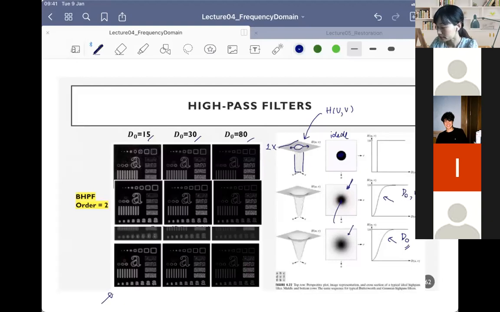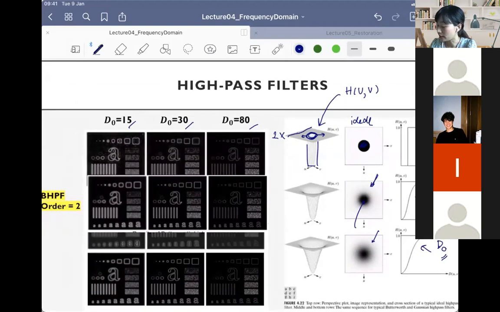Now, because it's a high pass filter, if the cutoff frequency is small, a lot of information passes through the filter. But if your cutoff frequency is large, only a small amount of information will pass through the filter, and it is all high frequency and smaller detail.